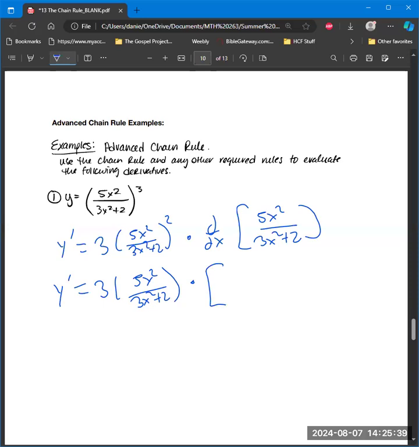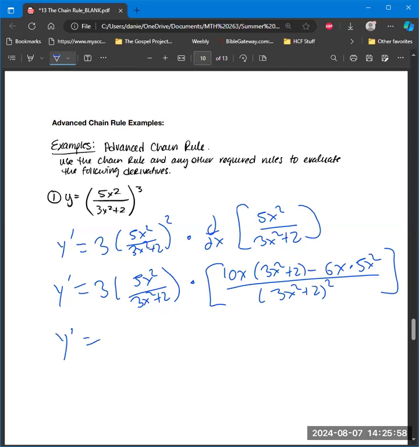Now this is going to be the derivative of the top times the bottom minus the derivative of the bottom times the top, all over the bottom squared. This is squared here. This is going to be fourth power. This is squared.